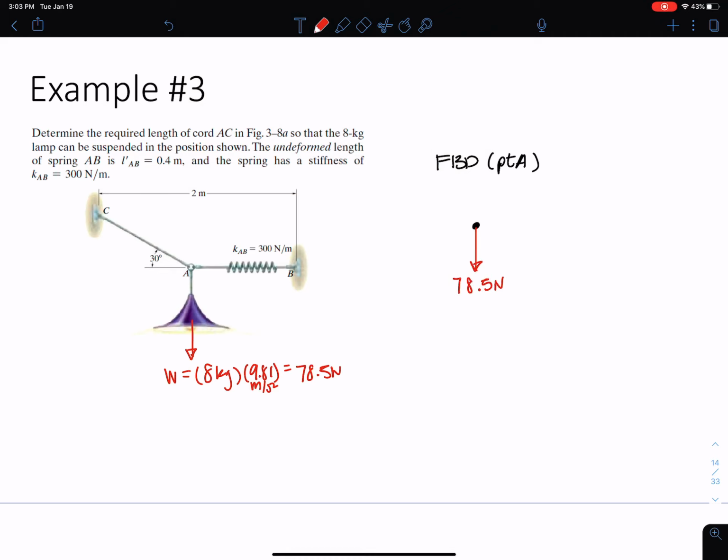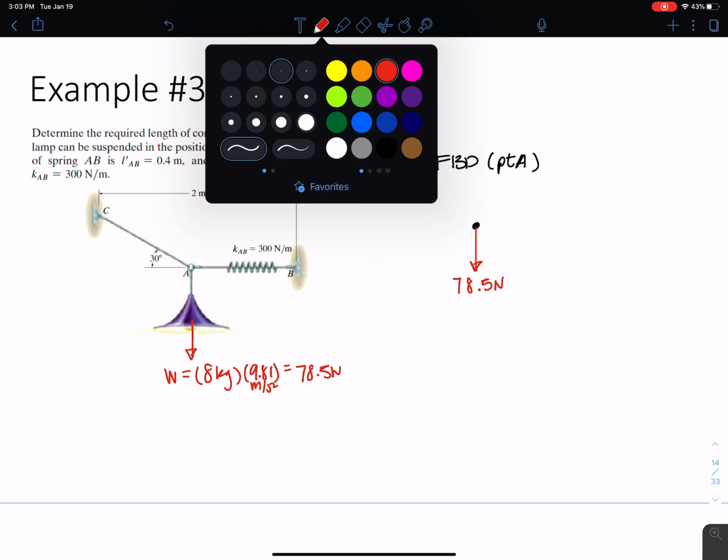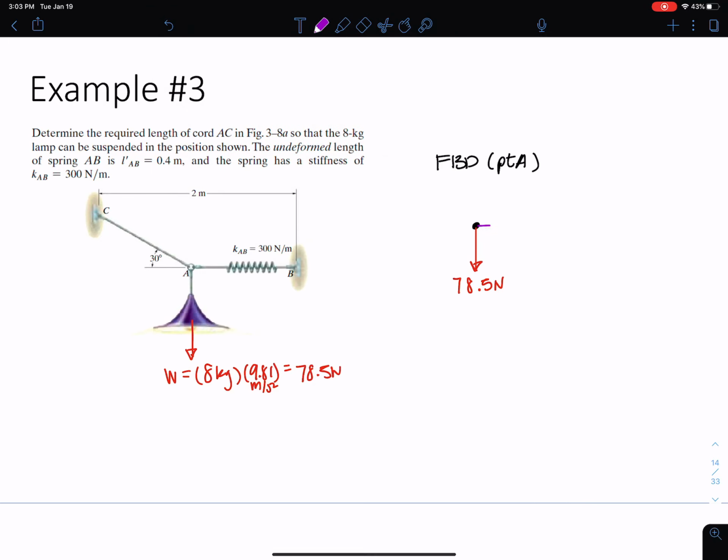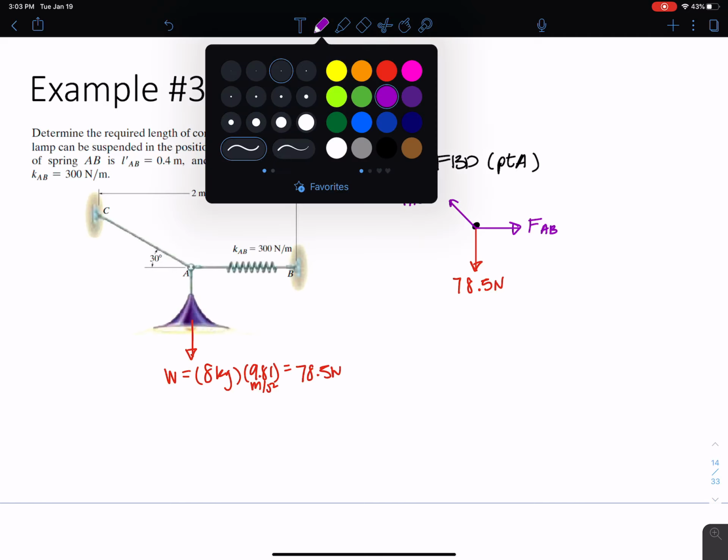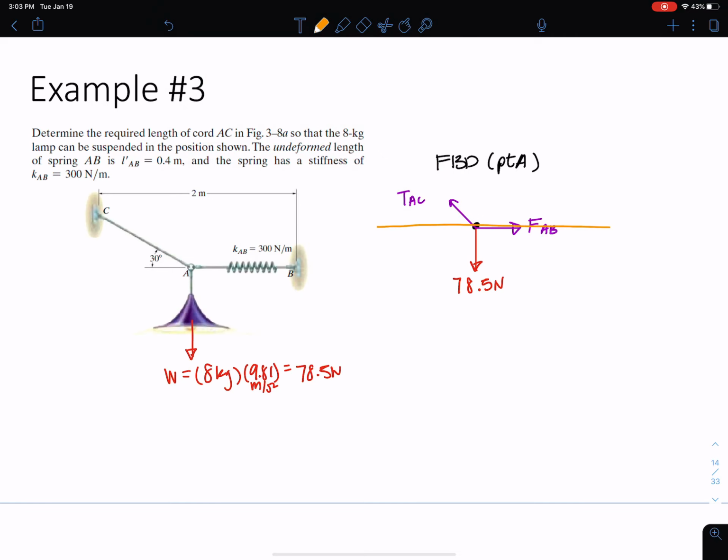So I directly can just go into that FBD. Now I have another force here. I'm going to call it FAB. And then I'm going to call this force here TAC. Again, it does not matter what you label these forces, as long as they're in the right directions.